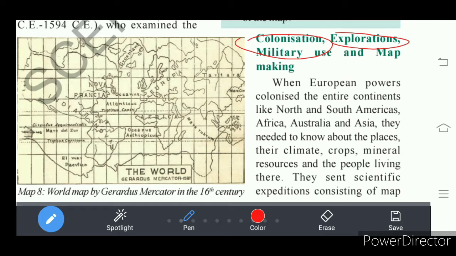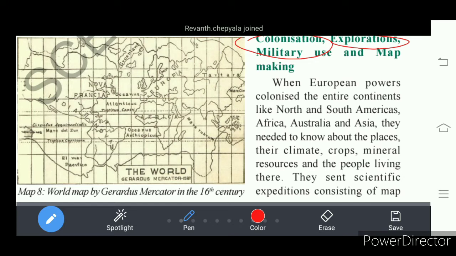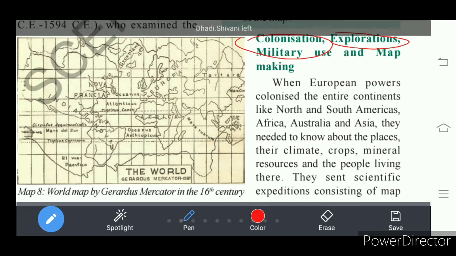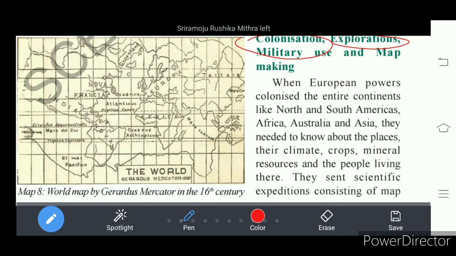So they undertook explorations, that is, searching. Okay, so colonization, exploration, and military use. They used military power to identify the unknown places and colonize them, right?